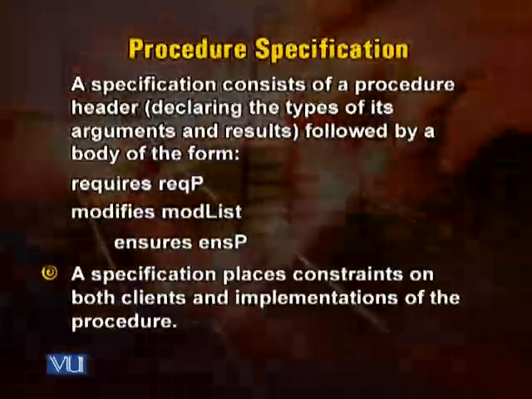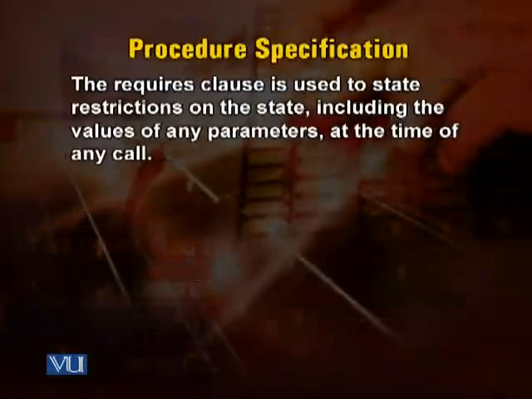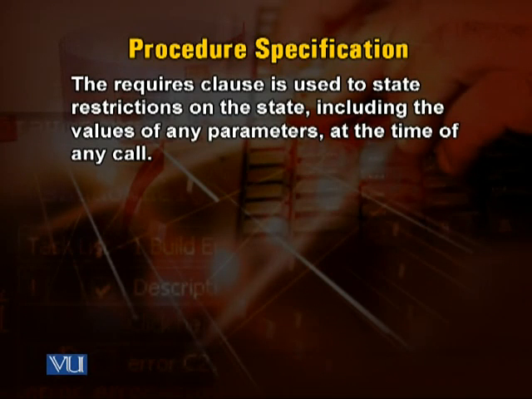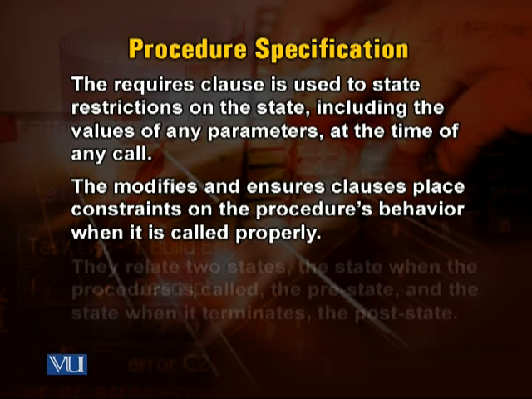A specification places constraints on both clients and implementations of the procedures. The requires clause is used to state restrictions on the state, including the values of any parameters at the time of any call, and the modifies and ensures clauses place constraints on the procedure's behavior when it is called properly.